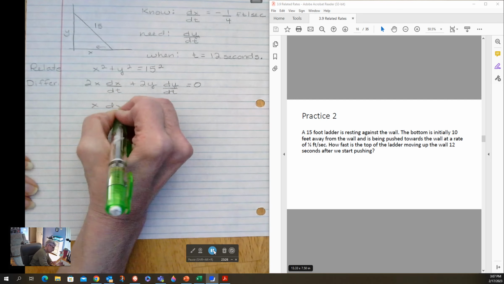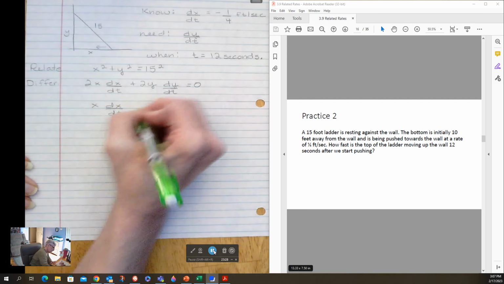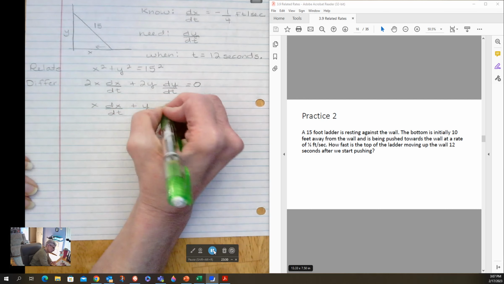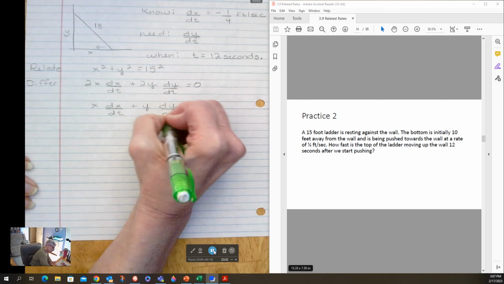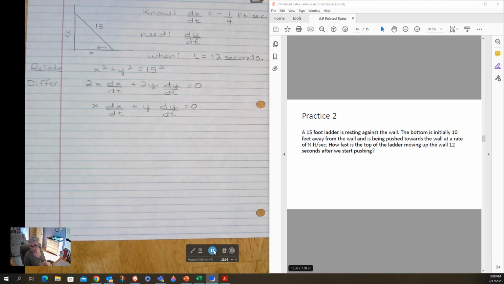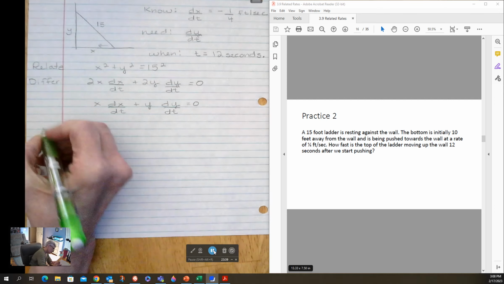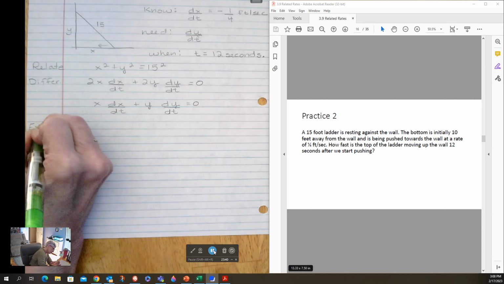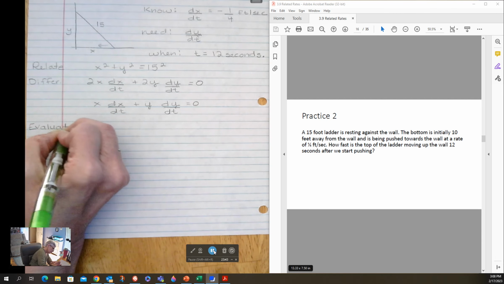So x dx/dt plus y dy/dt is 0. You don't have to get rid of the 2's, but I usually do just to make it simpler. Now, evaluate.